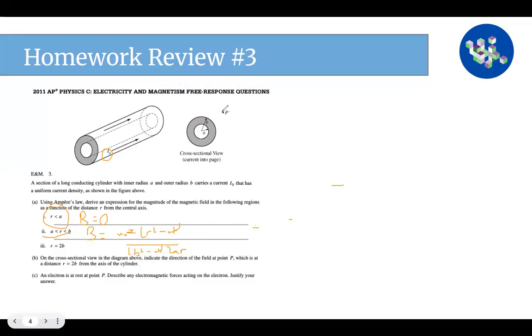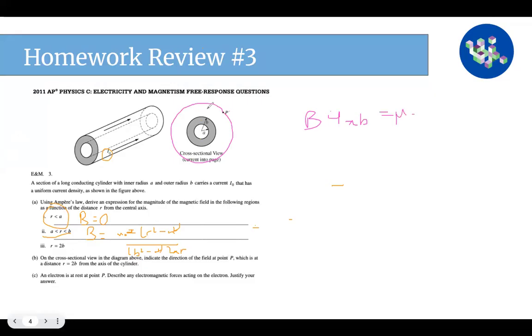So if I do an Amperian loop that has radius of 2b, then I do Ampere's law: B times 2 pi times 2b, so it'll actually be 4 pi b, that will equal mu zero times the enclosed current.